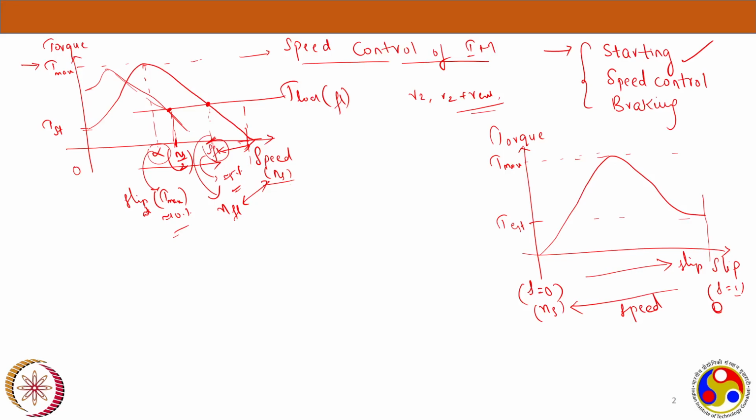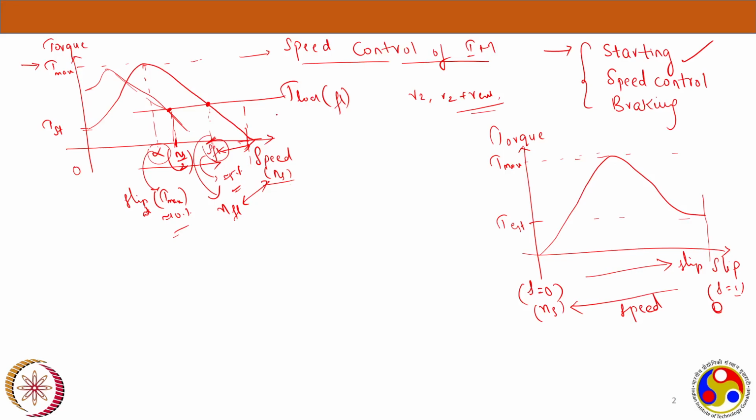We discussed how the starting torque improves while changing the rotor external resistance. This is also close to speed control. See how we are getting a different speed-torque relation by changing the rotor external resistance.